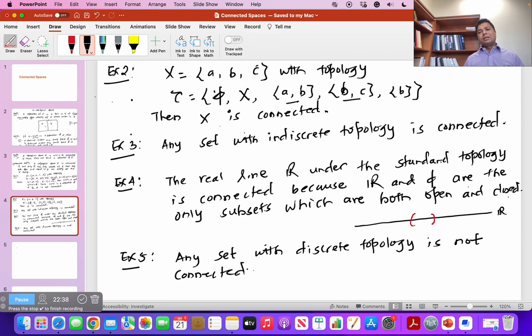That is not the only separation. There could be other separations, but for a topological space to be not connected, it is enough to find one separation. That's why any set with the discrete topology is not connected.